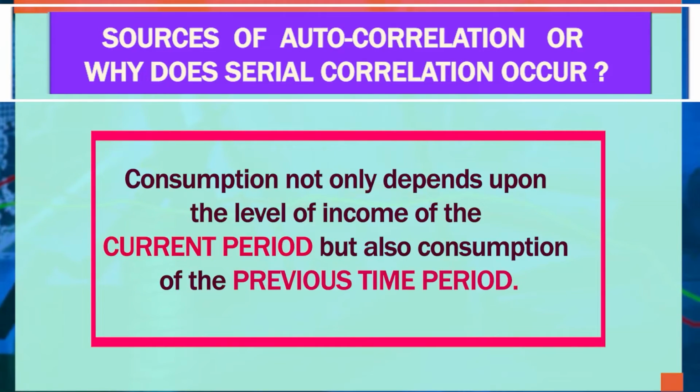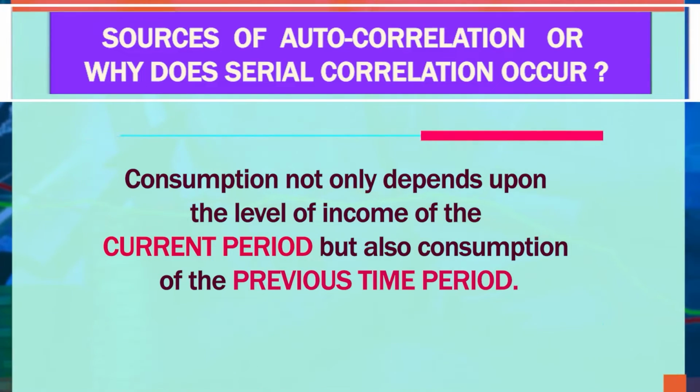But consumption depends not only upon the level of income of the current period, but also on consumption of the previous time period. For example, in the previous time period, the individual was very wealthy, so he was following a very high standard of living and a high lifestyle. But say after the pandemic, his major sources of income have come down. So he needs to go for a more structured and disciplined standard of living, or rather he has to cut down expenses.